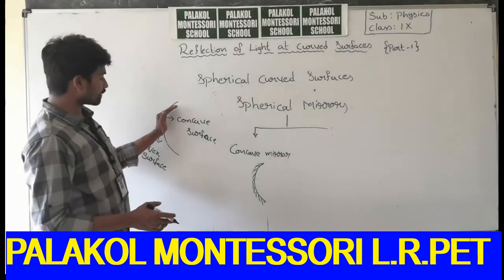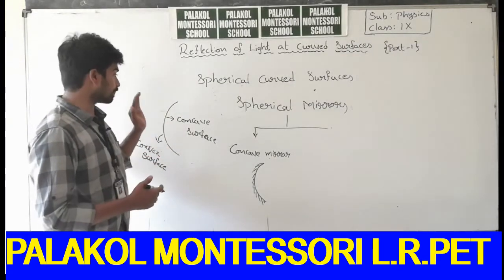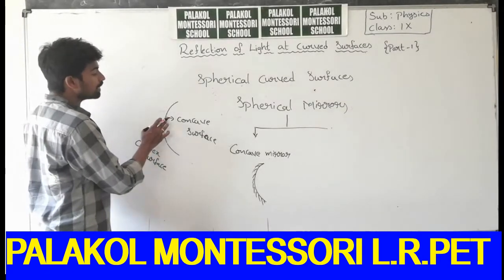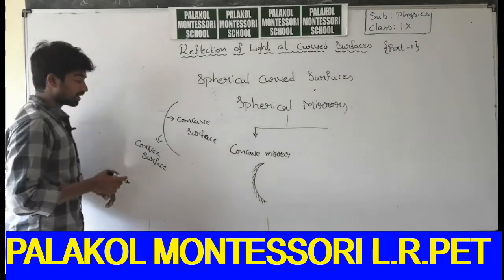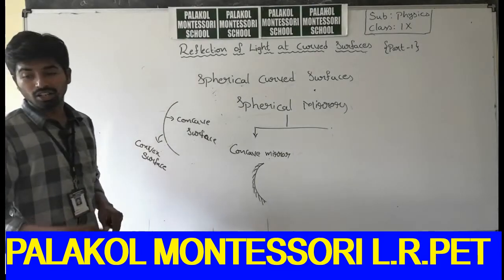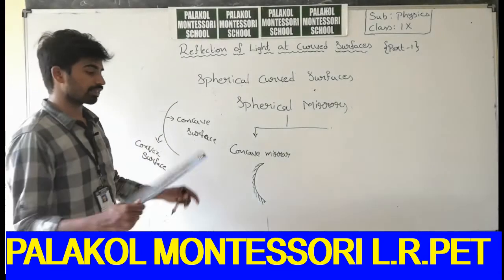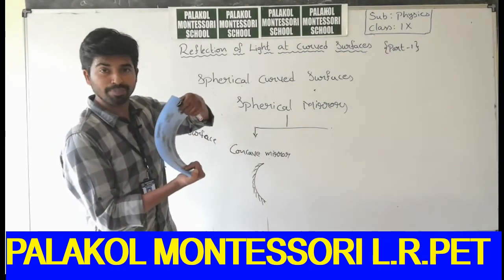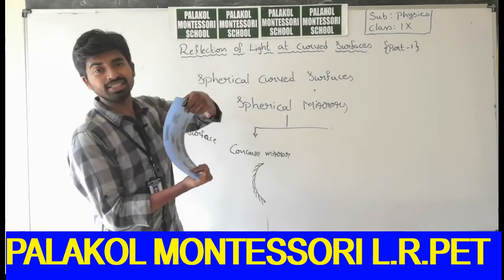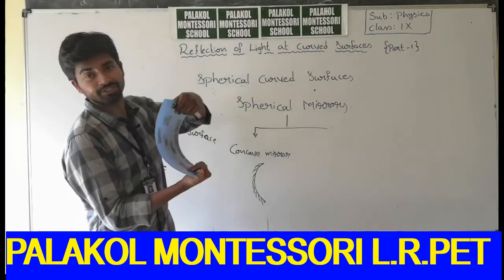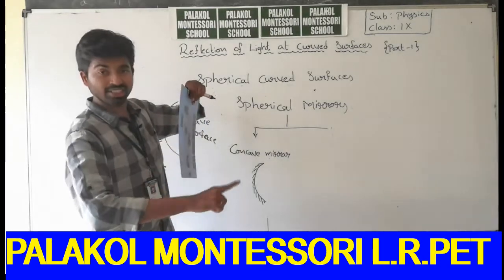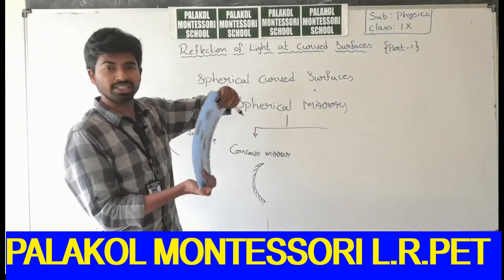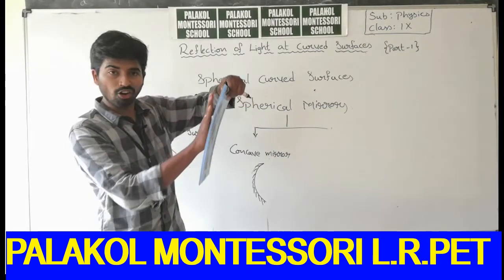If you consider a spherical curve, the inward bent surface is called the concave surface, and the outward bent surface is called the convex surface. Let us imagine this is a spherical surface. This inward bent structure is the concave surface and this outward bent surface is the convex surface.